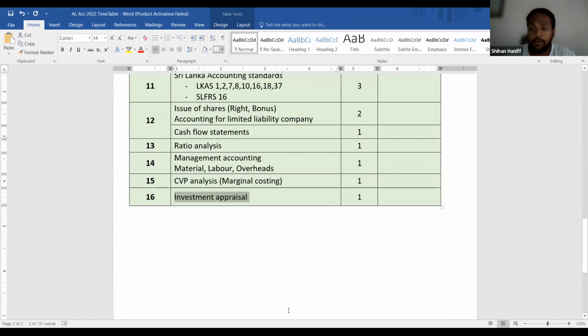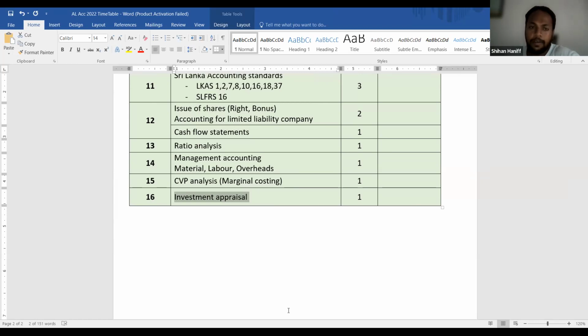Okay, so now we understood the topics that we need to cover. There are 16 chapters, and within the next 2 months, we are going to cover each and every part of this.